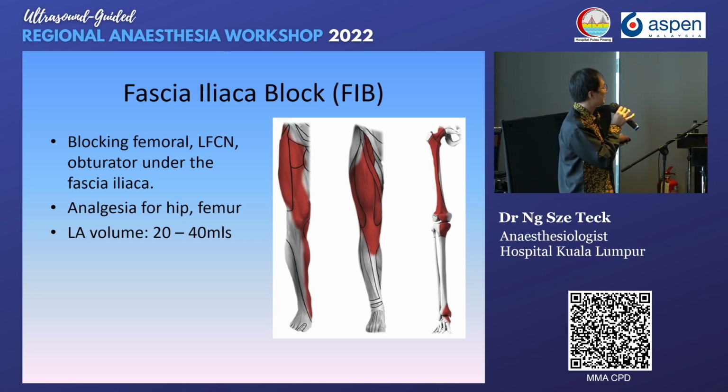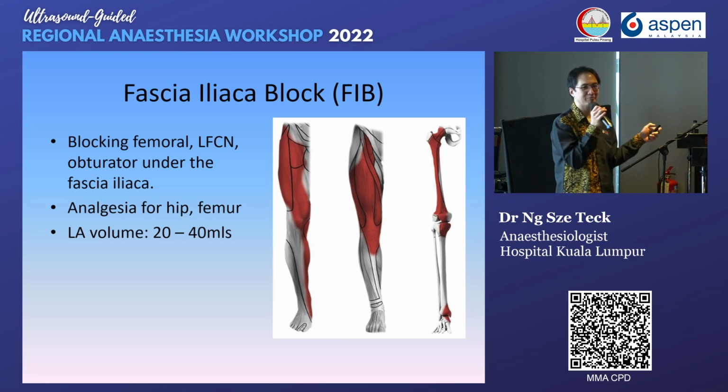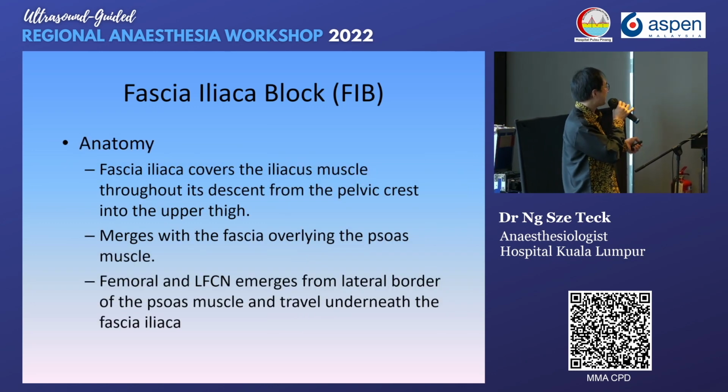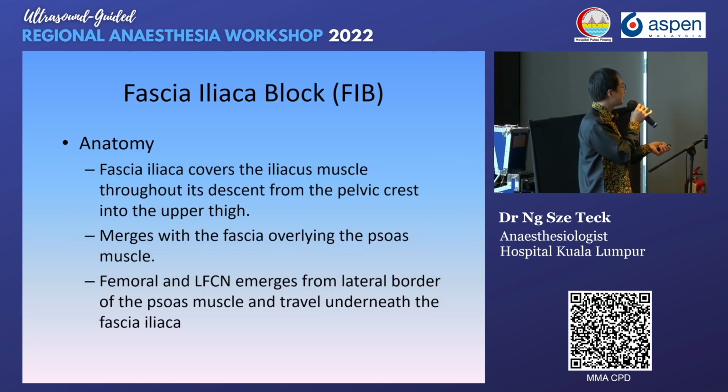Basically, it's similar to the distribution of femoral, LFCN and obturator combined together. But most of the time, the obturator is easily missed because of the anatomy. All right. So the fascia iliaca covers the iliacus muscle from the pelvis up to the upper thigh.